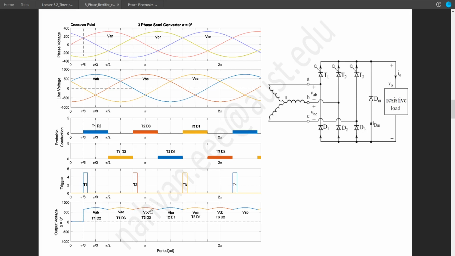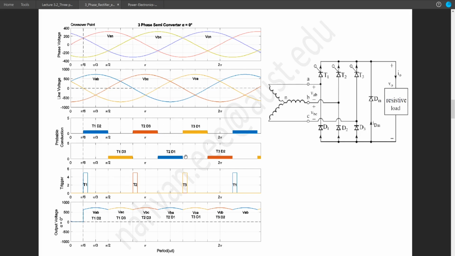In this portion the output voltage will be copied from this portion of VBC. After this point, T1 will be automatically turned off because T1 only conducts during this region. After this region, T2 and D3 will conduct.